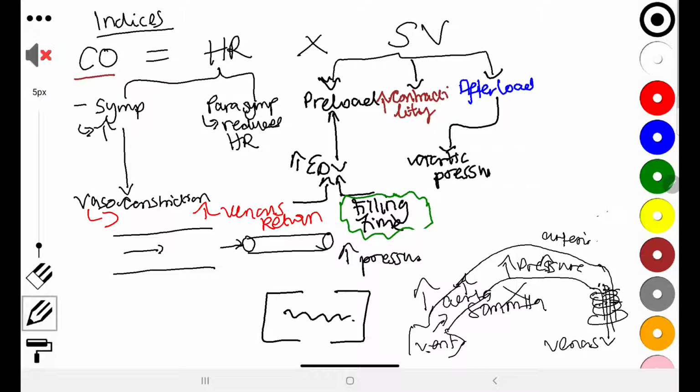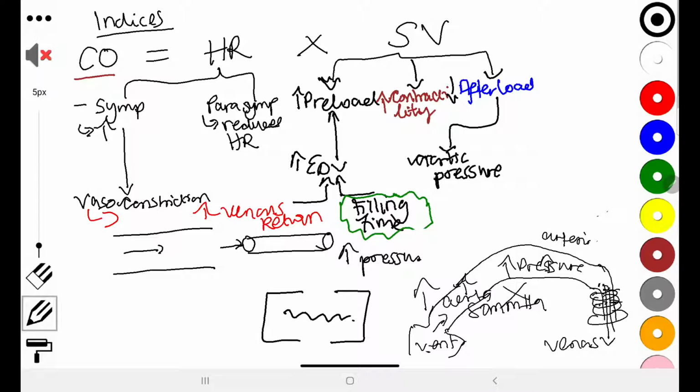So if aortic pressure increases, afterload will increase, and if afterload increases, it will decrease stroke volume. So this one works inversely, whilst preload works proportionally.